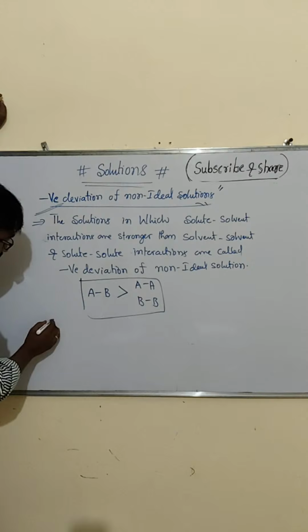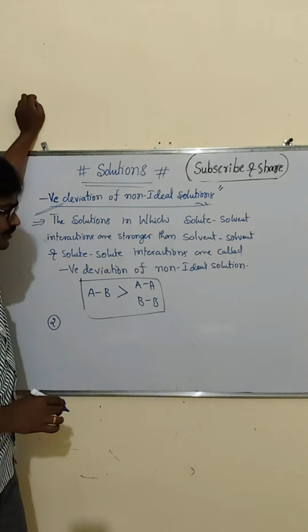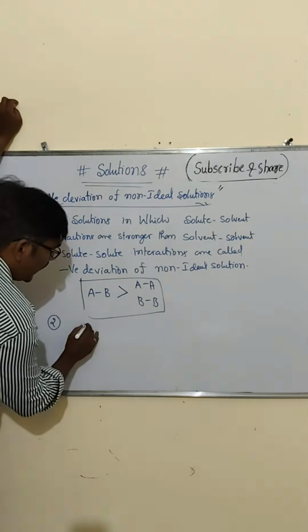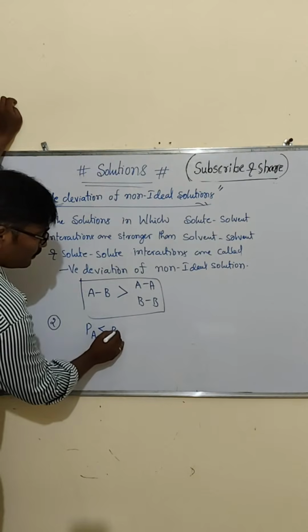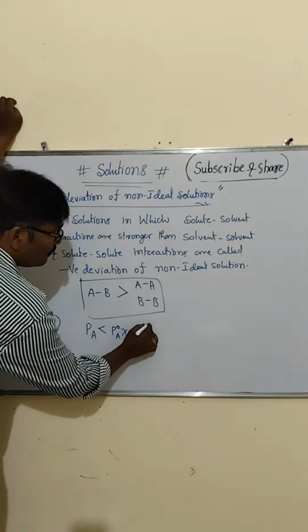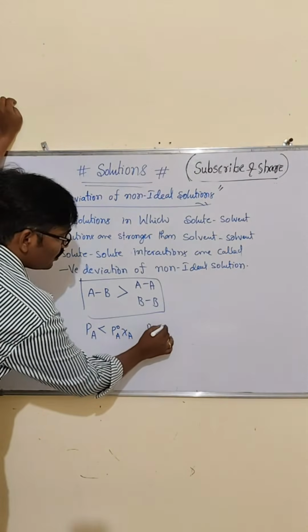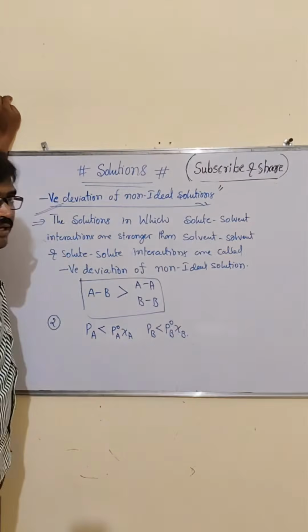Then the second point we are discussing: according to Raoult's law, PA is less than P naught A into mole fraction of A. Then PB is less than P naught B into mole fraction of B. What does it mean?